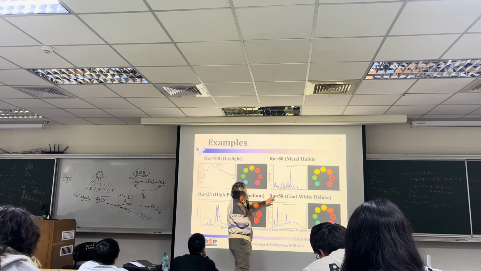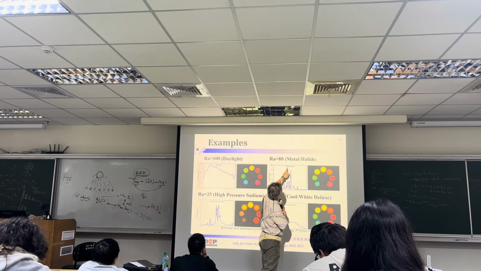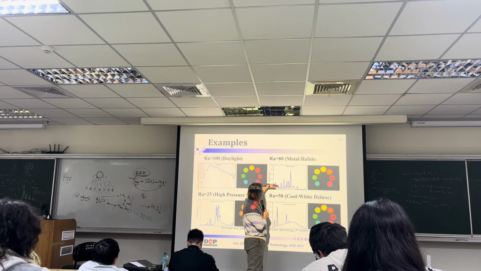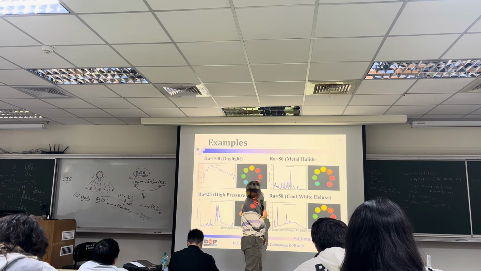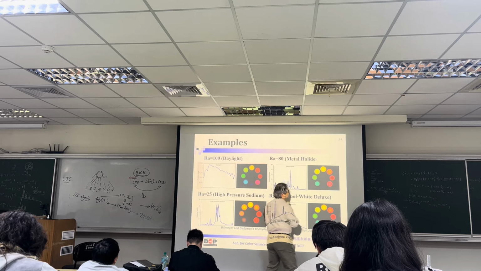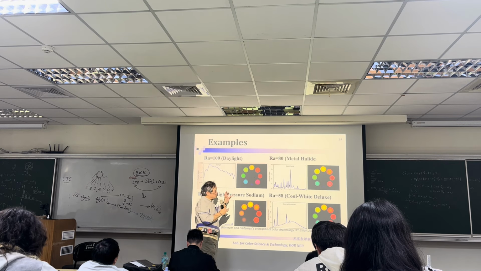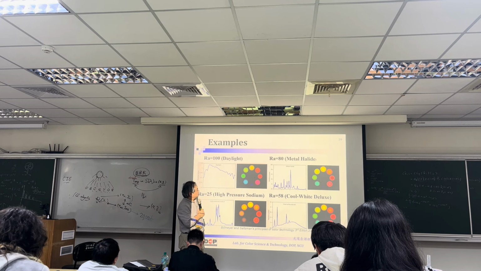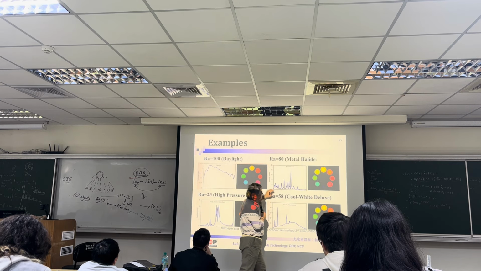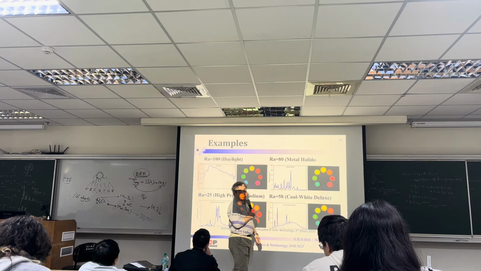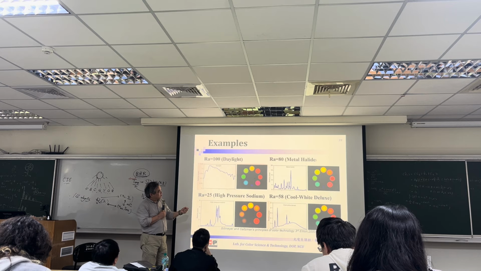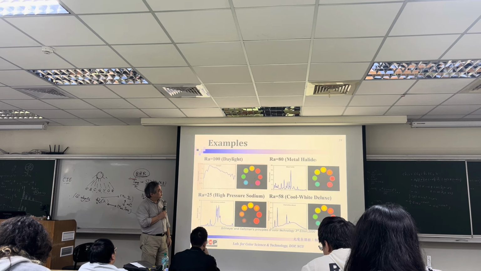And if you test the metal halide light source, there are many spikes. So you will see the pink color and the blue color have big, serious color difference. And again, the cyan color looks like green. Okay, so the blue part disappears.